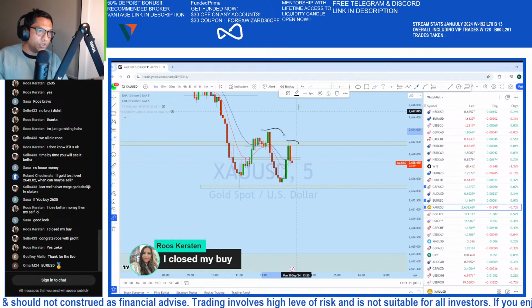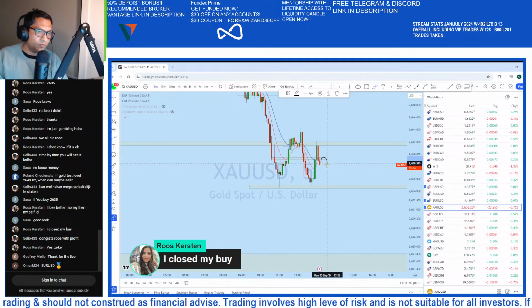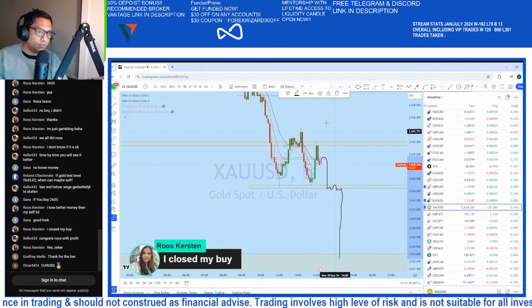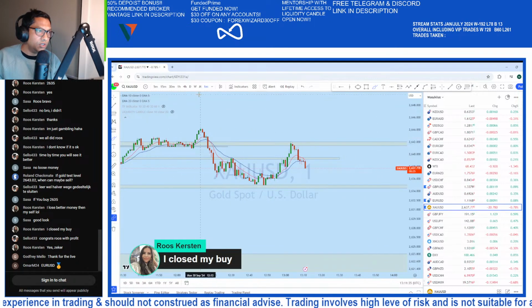A series of lower high formation, and with that series of lower high formation, expecting for the market to come down and then to drop back down here potentially. So let's see if there is any potential entry.